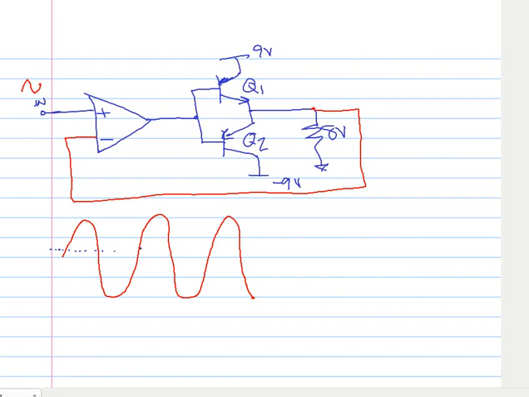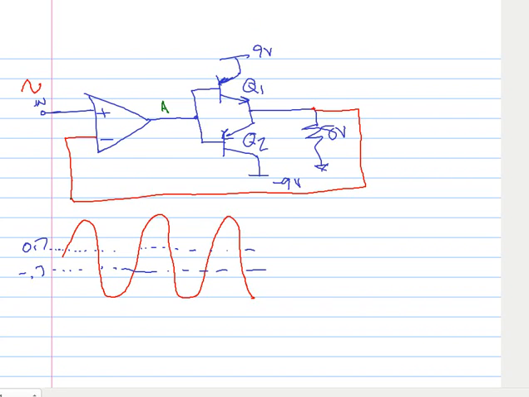Now what happens, we'll draw our same 0.7 and minus 0.7 regions. Now what happens is when the input is less than 0.7, these two transistors are turned off. And when they're turned off, the feedback loop is not closed around the operational amplifier.